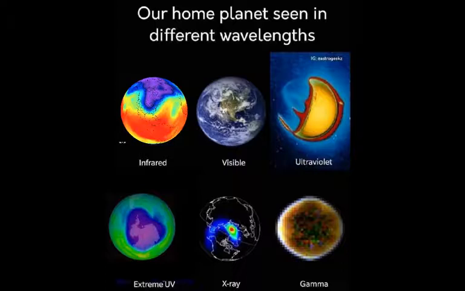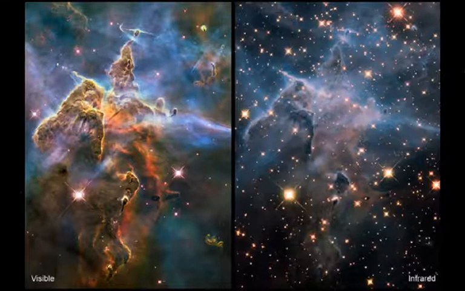So the same way, we can see space in different spectrums, and can see different details taken under different wavelengths or frequencies. Here is the Carina Nebula taken by the Hubble telescope, with visible on the left side and then in the infrared range on the right side. Another beauty of taking pictures at different wavelengths and frequencies.